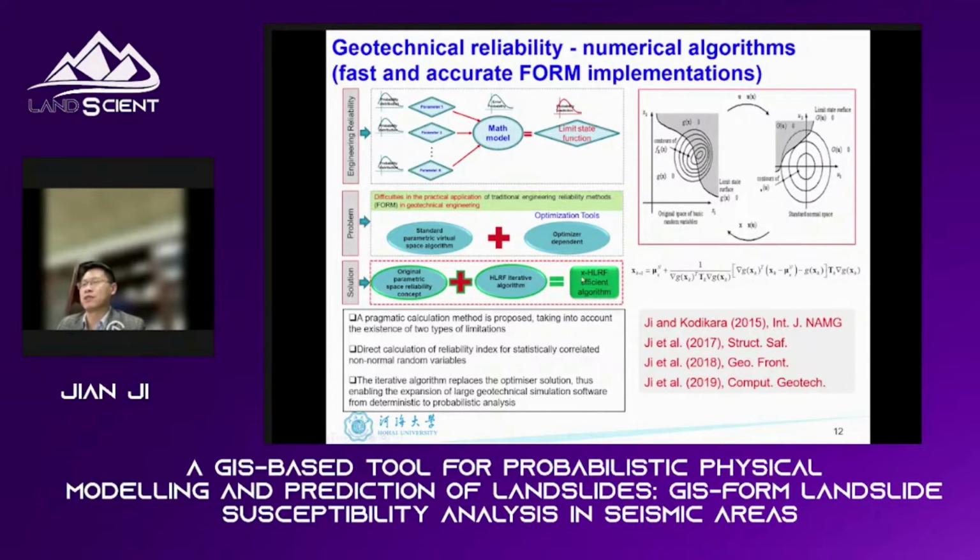The X space means the original random variable space. Whether your random variable is normal, lognormal, or correlated lognormal, etc., we can consider the full statistics over all the random variables.